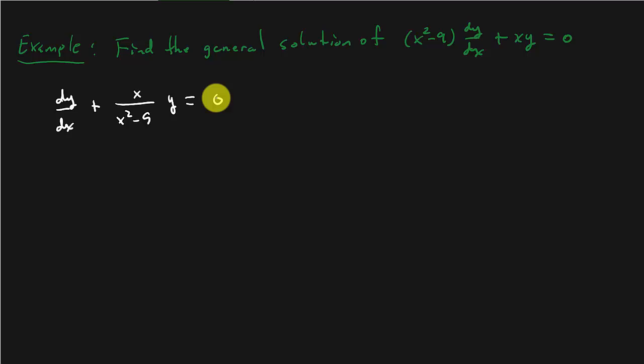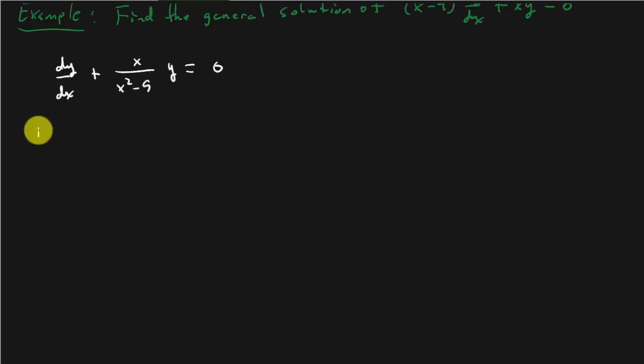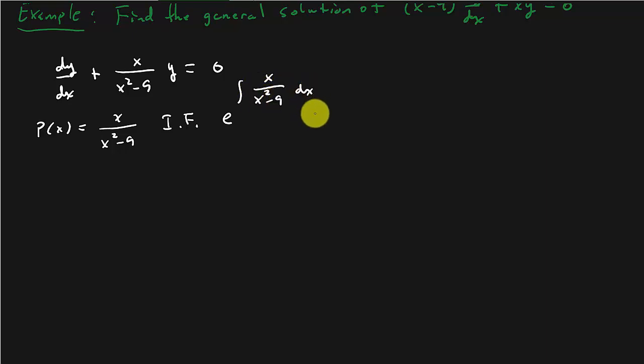All right, so let's identify p of x. That's going to be x over x squared minus 9. And then we're going to do our integrating factor. That's e raised to the integral of x over x squared minus 9 dx, which is e to the 1/2 natural log of x squared minus 9.